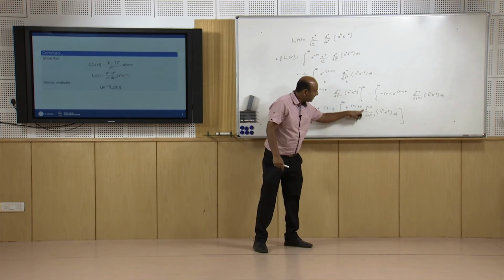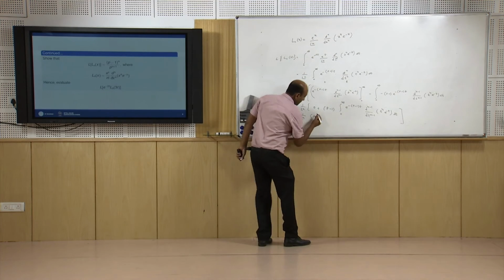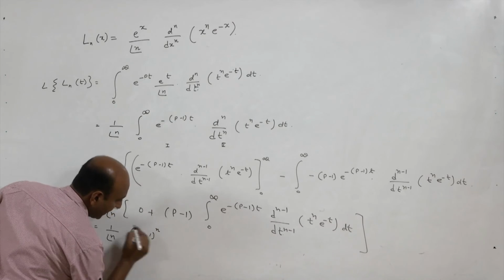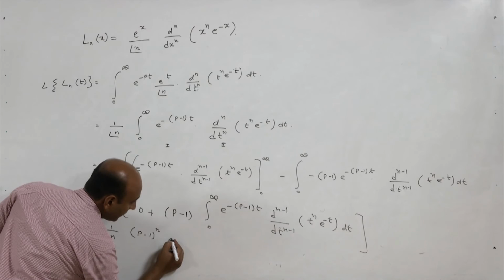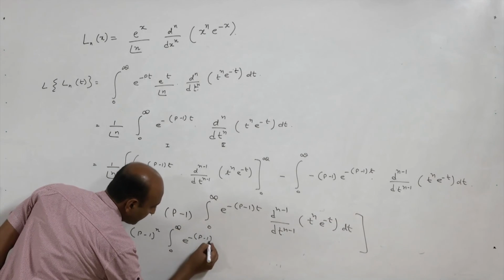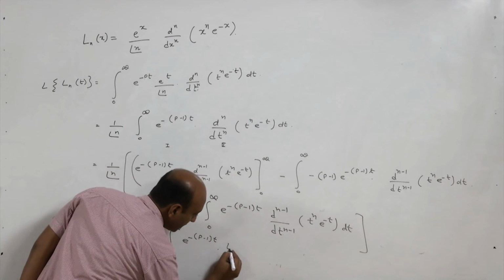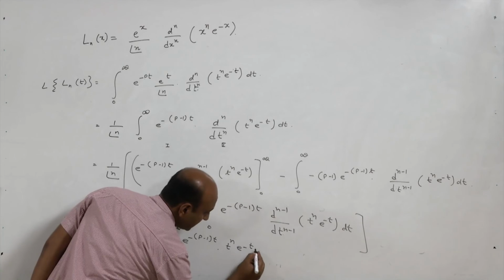Now, when we integrate this expression n times, this will be p minus 1 to the power n, and it will involve the integral from 0 to infinity of e to the power minus p minus 1 times t, and there will be no derivative of this expression. So, it will be t to the power n e to the power minus t dt.